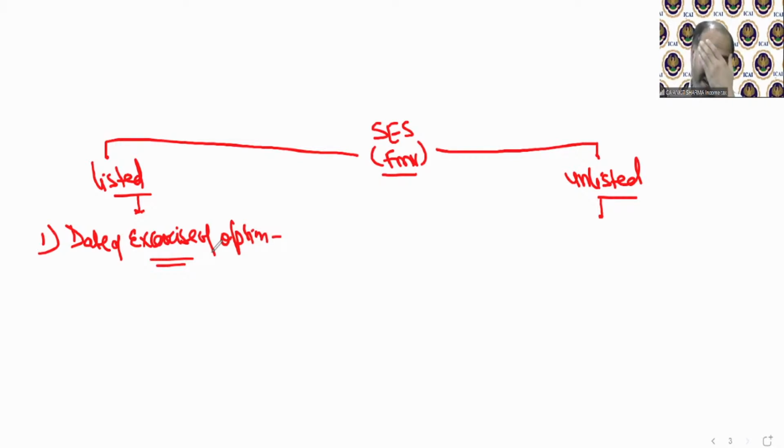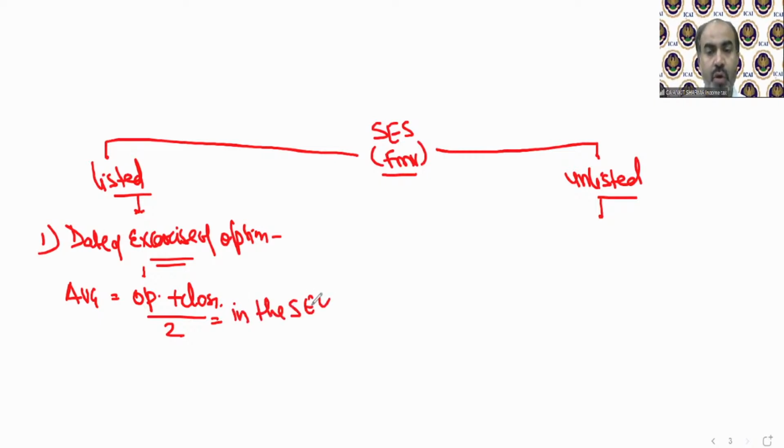So the date you exercise your option to accept it is the date when we need to find the FMV. So the date of exercise of the option will be given in the question. We need to find out the value on that date. And how will we find it? It says the average of opening value plus closing value in the stock exchange of that particular share on which date?